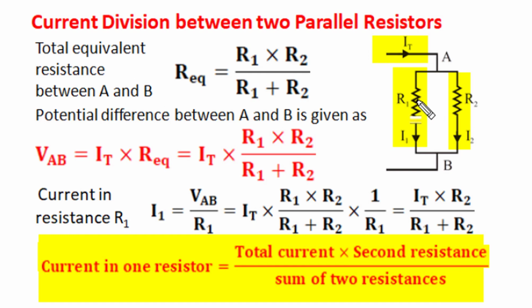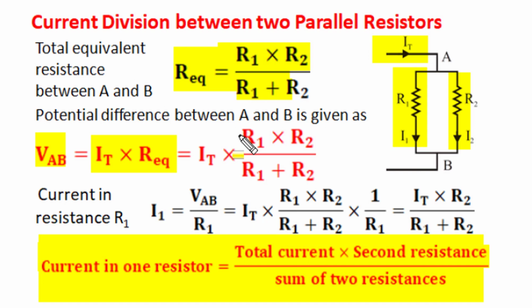The equivalent resistance of two resistances in parallel is given by product by sum, and when the total current passes through equivalent resistance across A and B, the voltage is obtained as total current multiplied by equivalent resistance. And we know in parallel the voltage of R1 and R2 is same as voltage of equivalent.